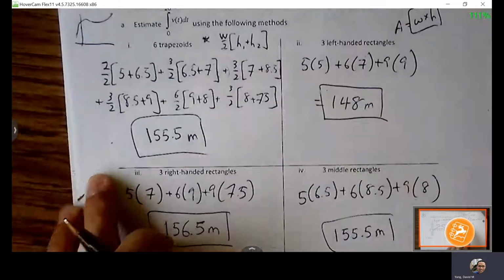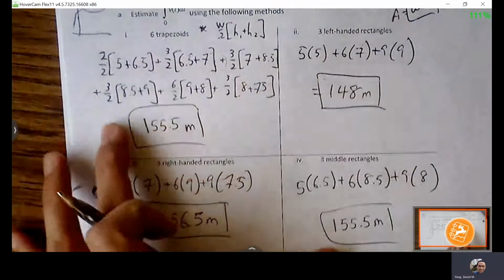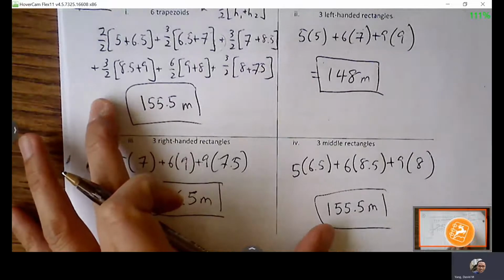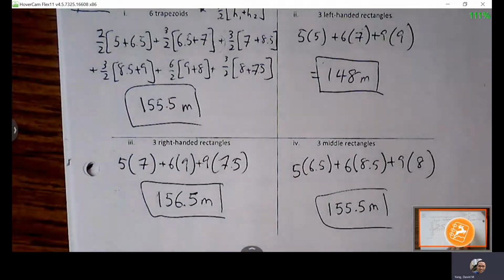Okay, it's just a coincidence that 6 trapezoids and 3 middle rectangles are the same value. Okay, just kind of a coincidence there. Okay, questions with that?